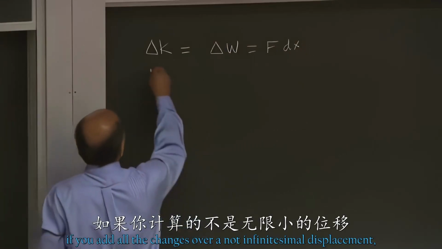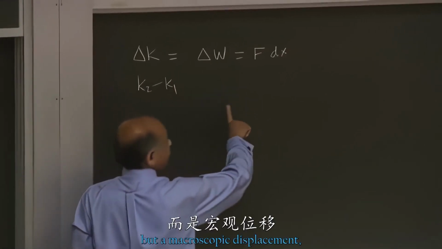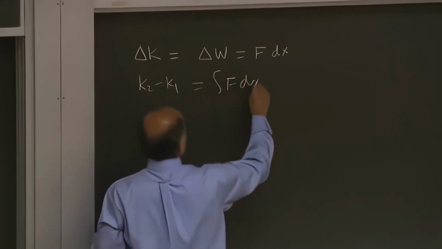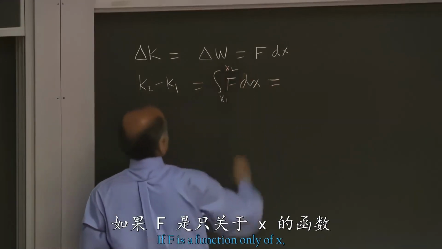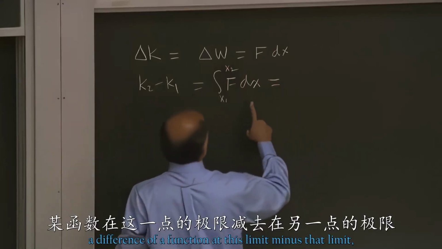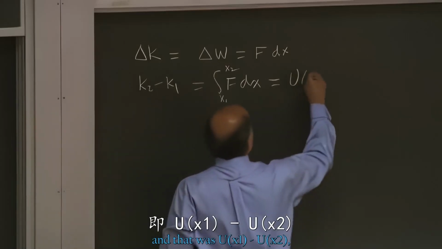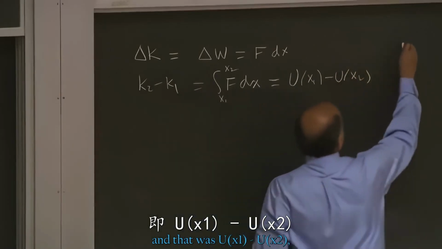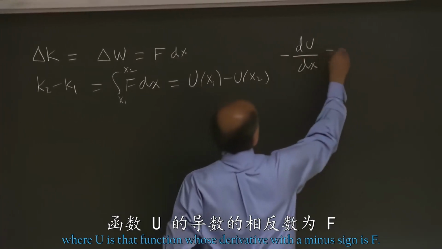And then if you add all the changes over a not infinitesimal displacement, but a macroscopic displacement, that was given by the integral of F dx. And the integral of F dx from x1 to x2, if F is a function only of x, from the rules of calculus, can be written as a difference of a function at this limit minus that limit. And that was u of x1 minus u of x2, where u is that function whose derivative with a minus sign is F.